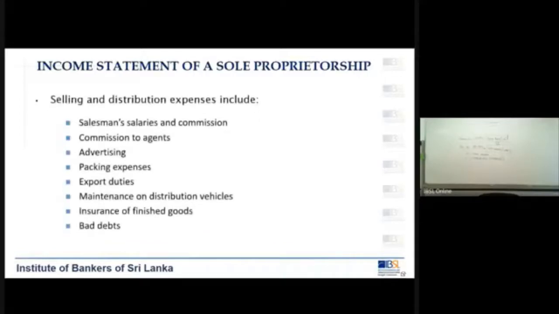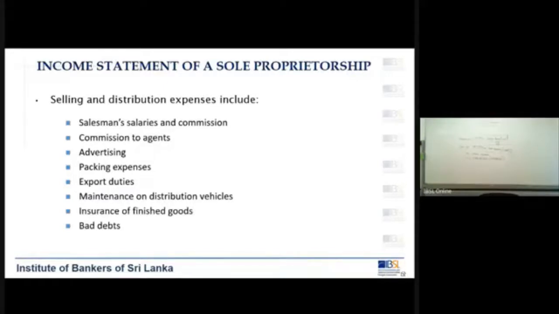Then secondly, we have the selling and distribution expenses. Now, what are these? We know that you are running a trading business. What does a trading business mean? You are going to sell goods to the consumers.